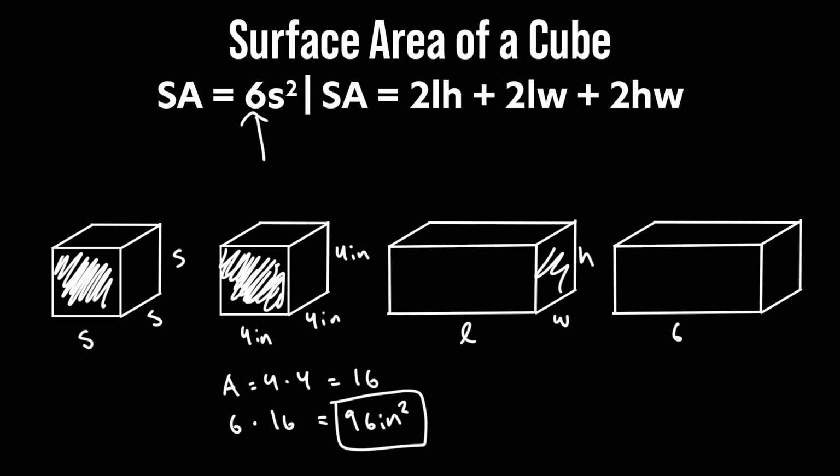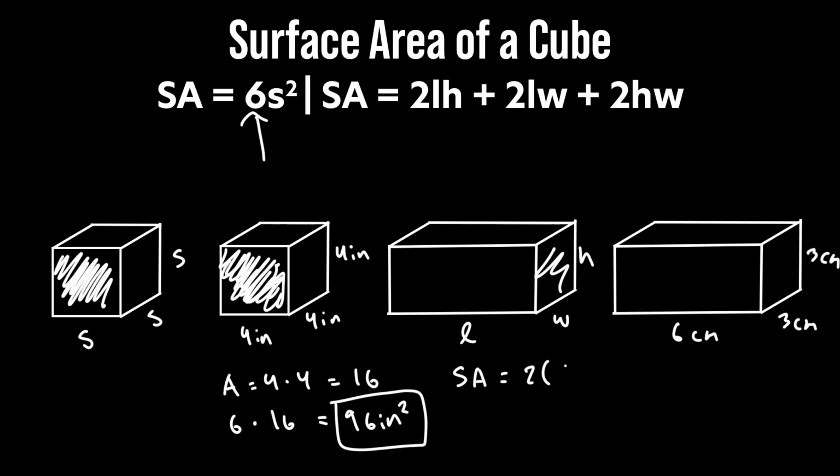Let's give this length 6 centimeters. Let's give the width 3 centimeters, and let's give the height 3 centimeters as well. So how are we to solve this for the surface area? Well, we just use the equation. 2 times length times height. So we're going to get surface area is equal to 2 times length times height.